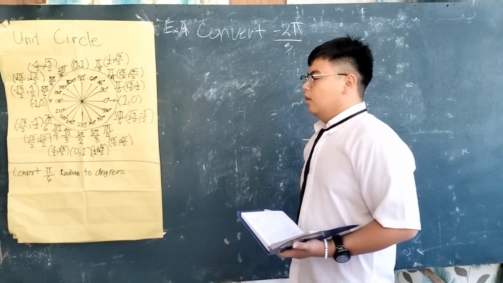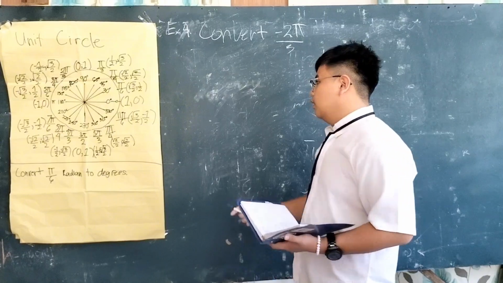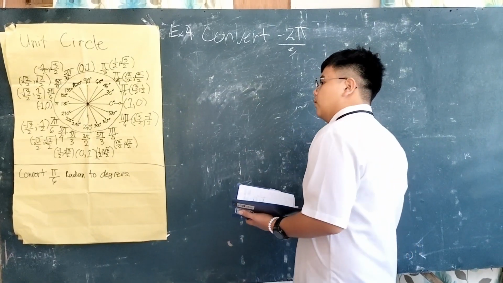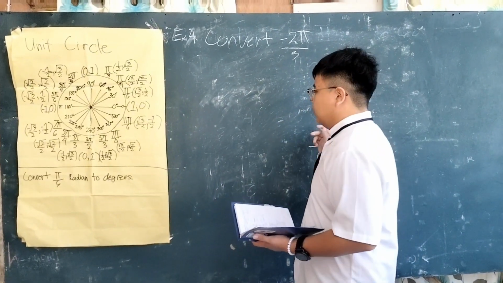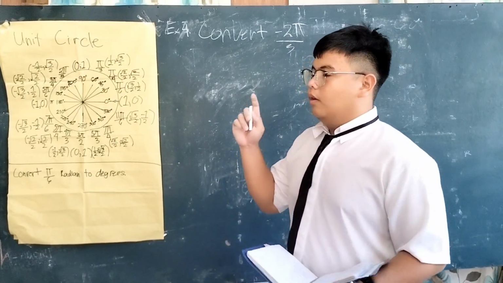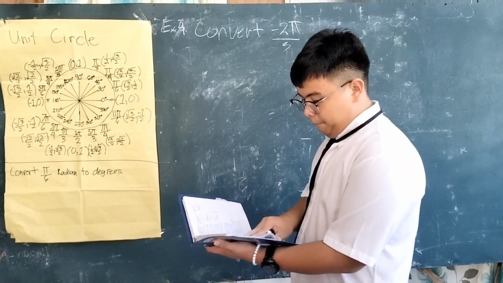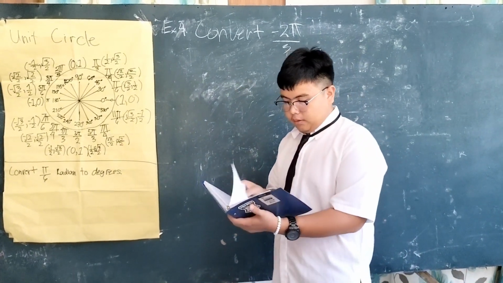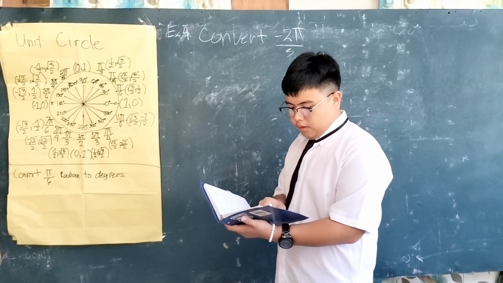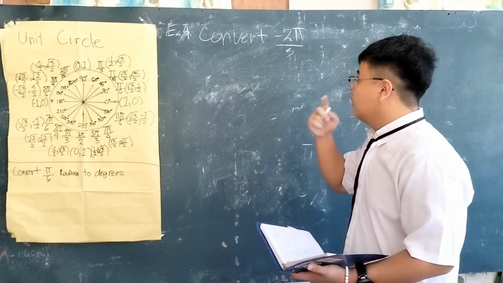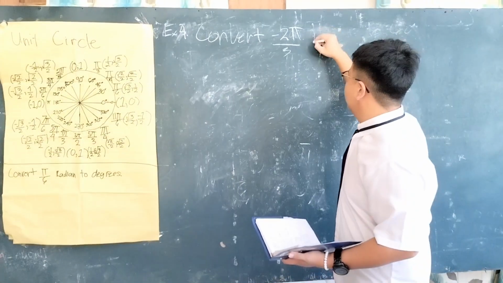The formula we use is for converting radians to degrees. I forgot that we are converting radians to degrees.